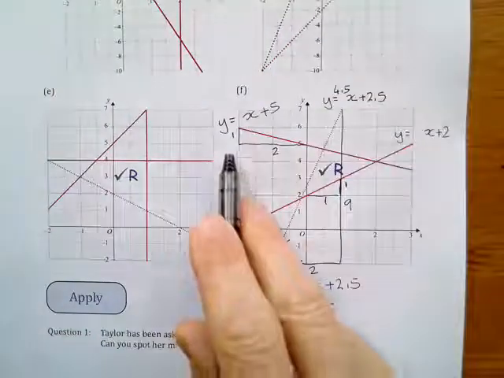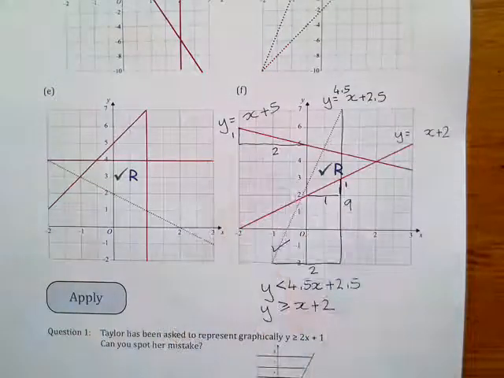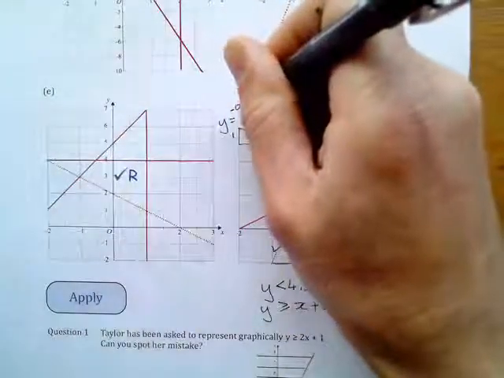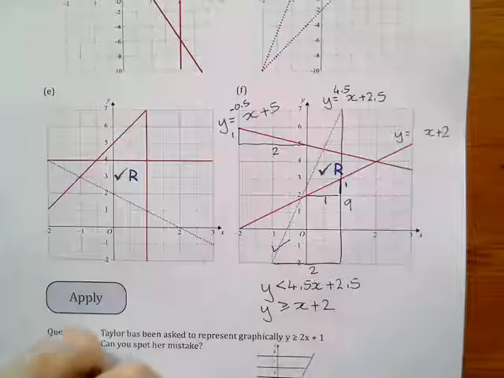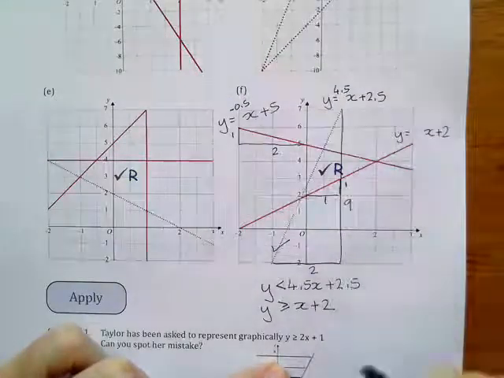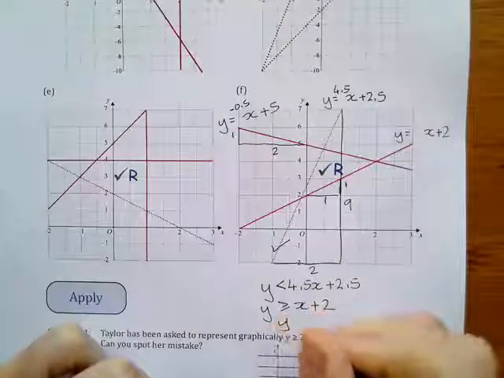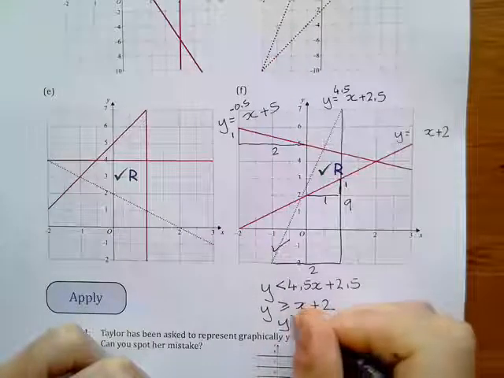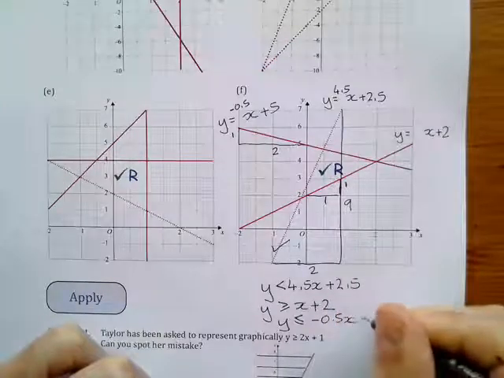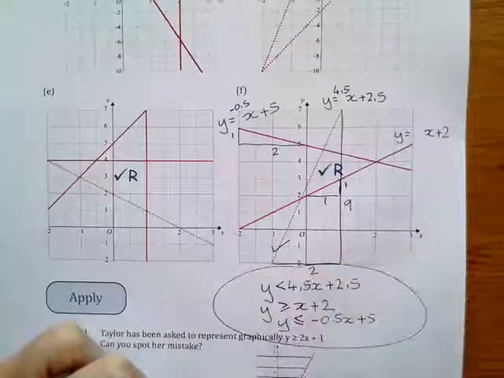So it's 1 divided by 2, which is a half, but it's going down, so it's minus a half, or minus 0.5x plus 5. I am below the line, so it's going to be a less than or equal to. So y is less than or equal to minus 0.5x plus 5.